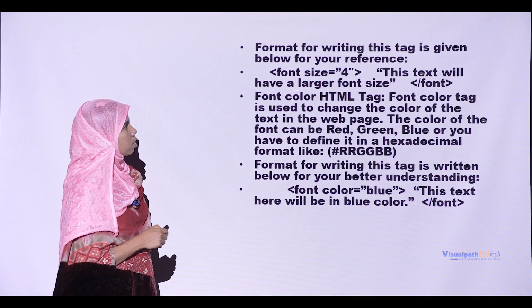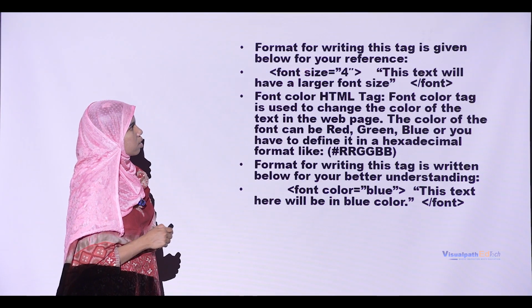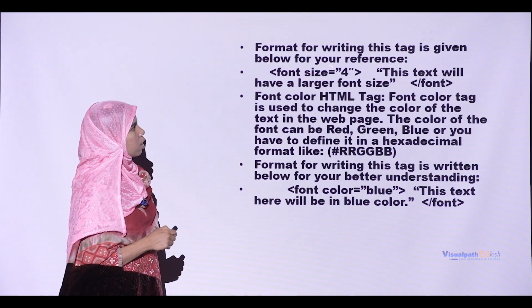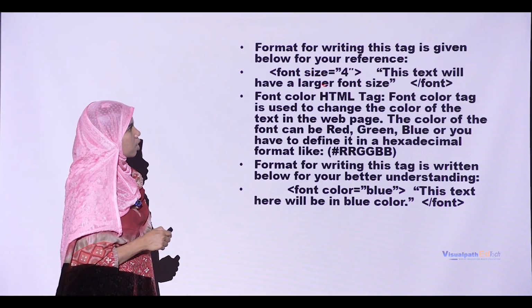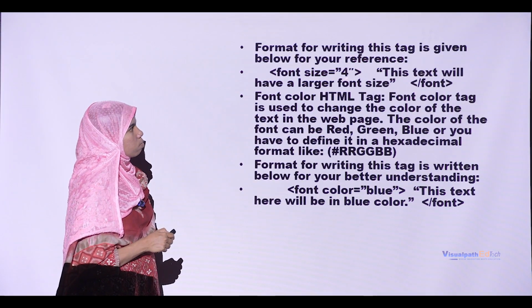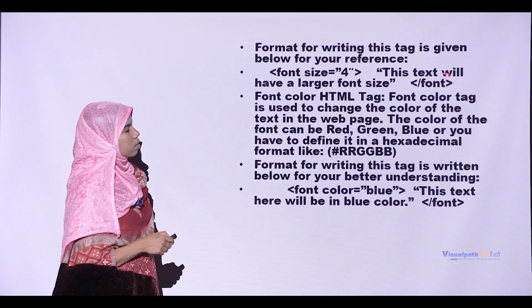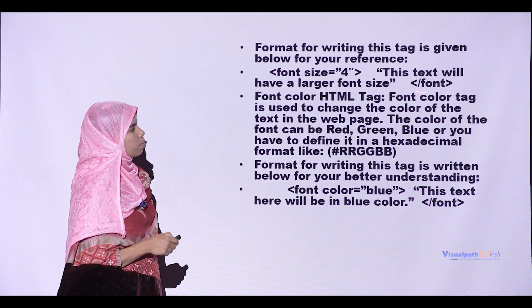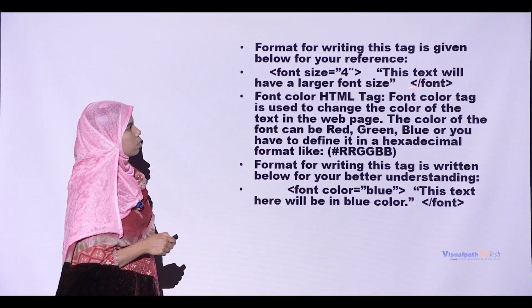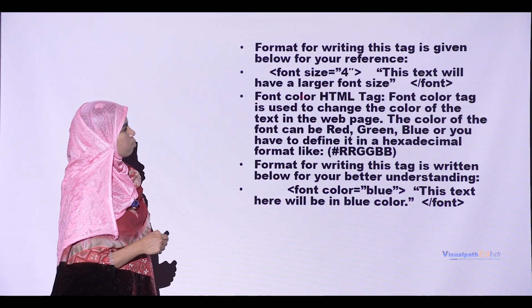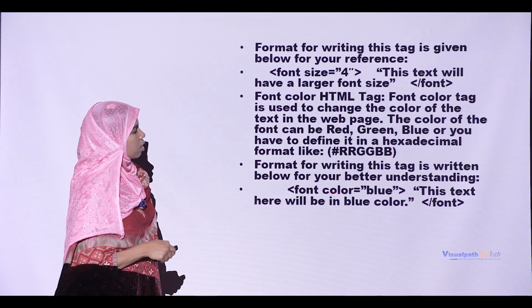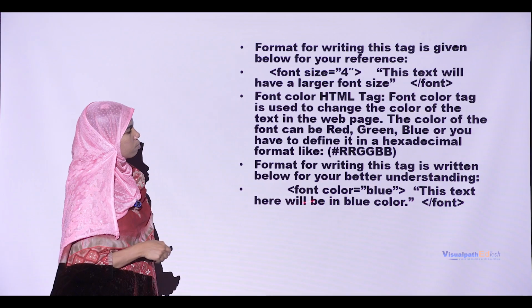We have a separate tag for formatting the text by using the font. In that you have an attribute called size, where you can give its value as 4. And we even have its paired tag, that is, the closing of this font. Similarly, for color, you can mention the color. This is also one of the attributes of the font.